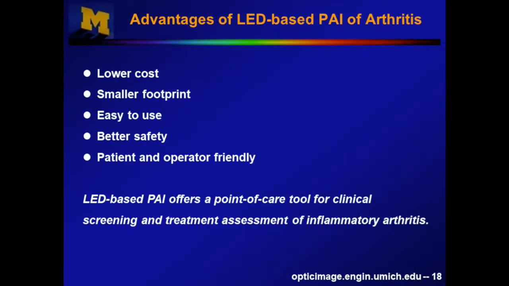Our rheumatology and radiology collaborators both like the system very much because they can use it very easily, and it also gives much better safety because there are no strong class 4 lasers anymore, and the LED light sources are much safer. It's super patient and operator friendly.